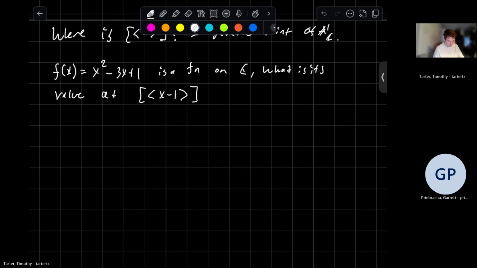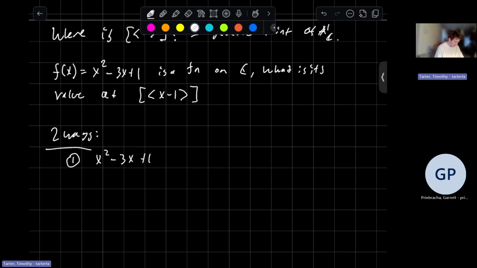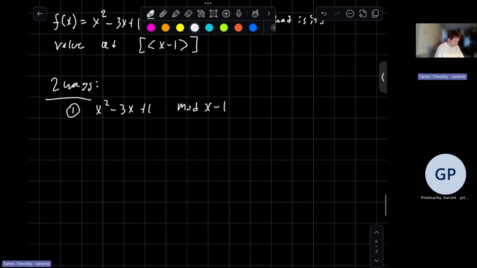Well, there's two ways to do this. We can do x squared minus 3x plus 1 mod x minus 1, or we can do f of 1.